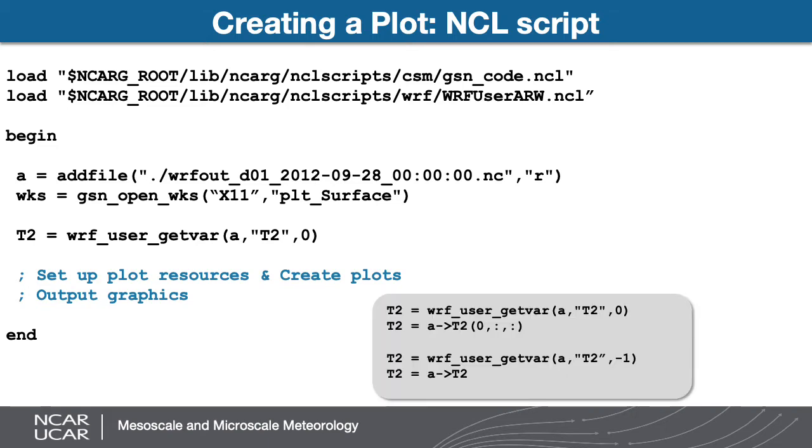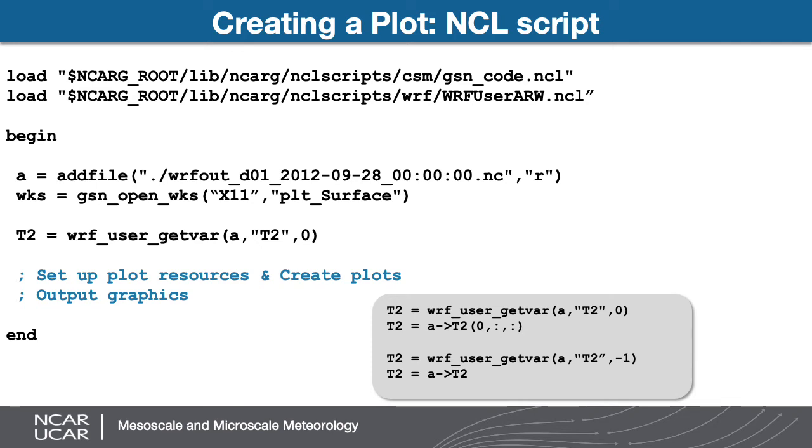Here are some different ways to read in T2. Using the wrf_user_getvar, we'll point it at file a, T2, and we want to read time 0, which is the first time. Another way to read it is we can say a pointing at T2, and since time is the very first dimension, we'll say 0th time, and then both X and Y dimension.